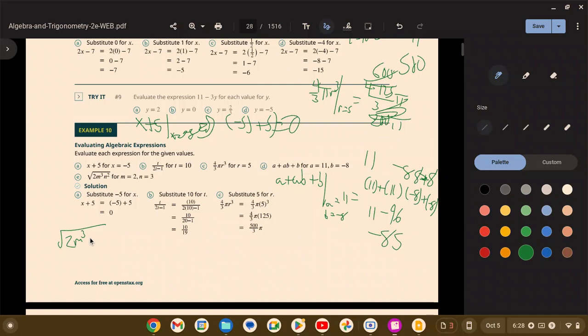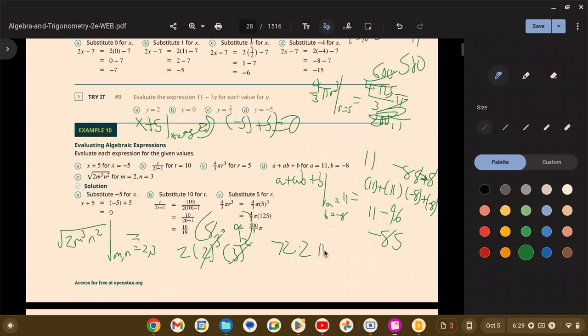And then the last one, the square root of 2m cubed n squared, evaluated at m equals 2, n equals 3. So m is 2, so that's going to be 2 cubed, 3 squared. 2 cubed is 8, 3 squared is 9. 8 times 9 is 72.